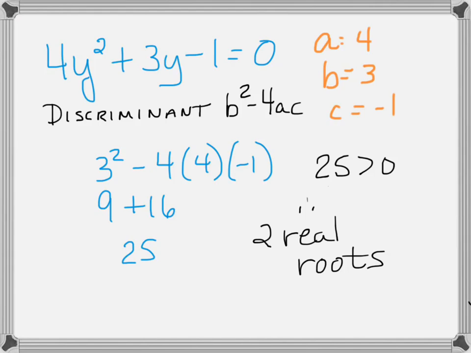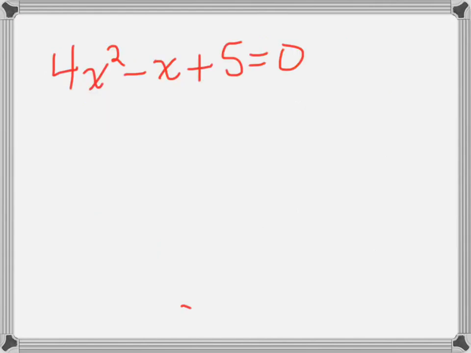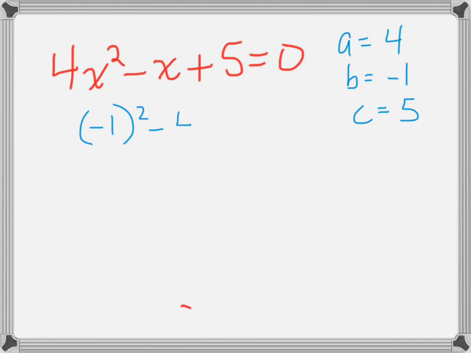So let's look at another example. In this example, a is equal to 4, b is equal to negative 1, and c is equal to 5. The discriminant would be negative 1 squared minus 4 times a, which is 4, times c, which is 5.